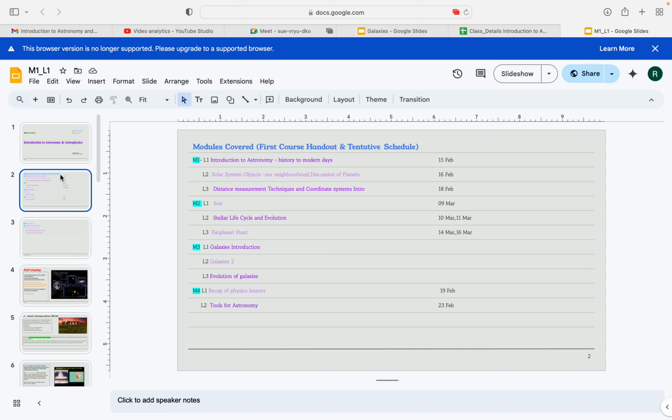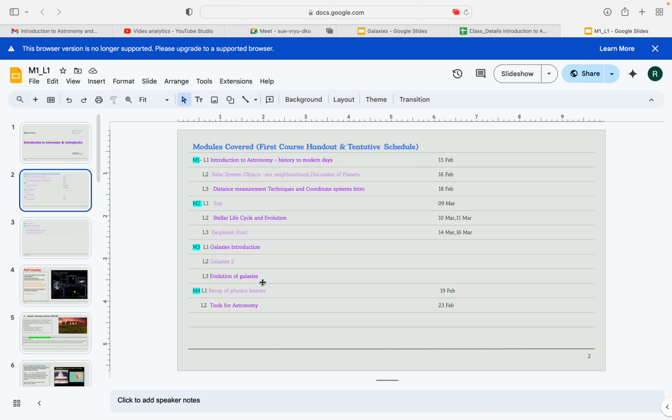We discussed those things. And the next thing we learned about was how distance is measured in astronomy. Different distance measurement techniques such as parallax, Cepheid variables, the period-luminosity relation, etc. were discussed in this lecture.